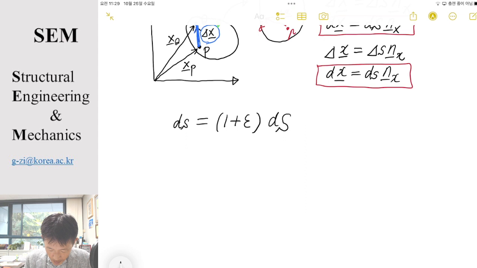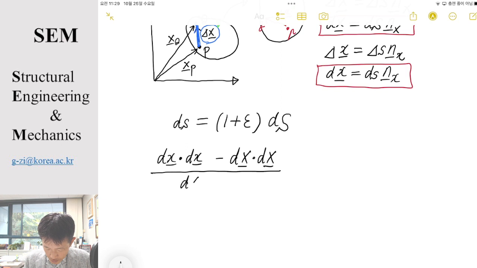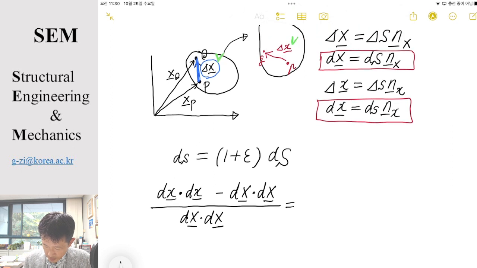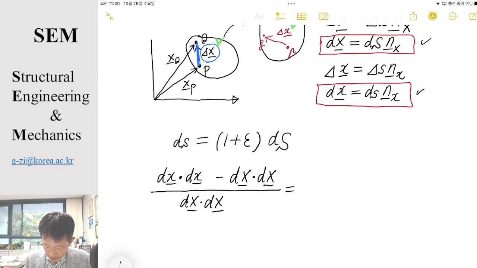So then I can write dx dot product dx minus the square of the initial length, divided by the square of the initial length. Okay, so using these two relations, I can simplify this relation.